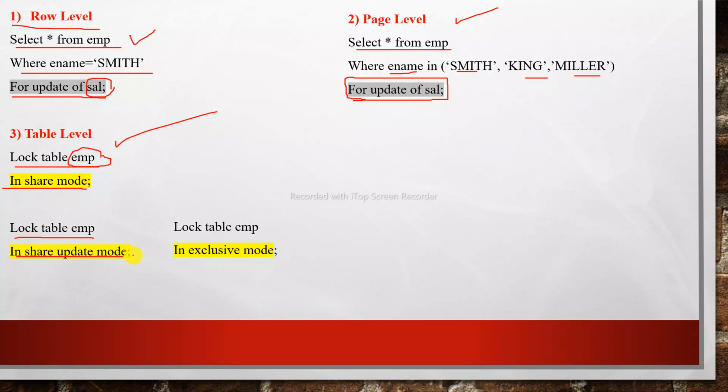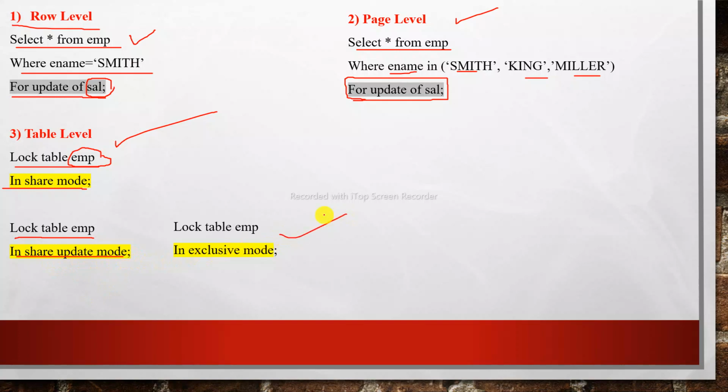If one user locks the table, it will still allow other users to perform other operations on the records, except that the records accessed by the first user are not allowed to be updated. So if the first user is dealing with a record, then that record is not allowed to be manipulated by the second user. So this is about share update mode.